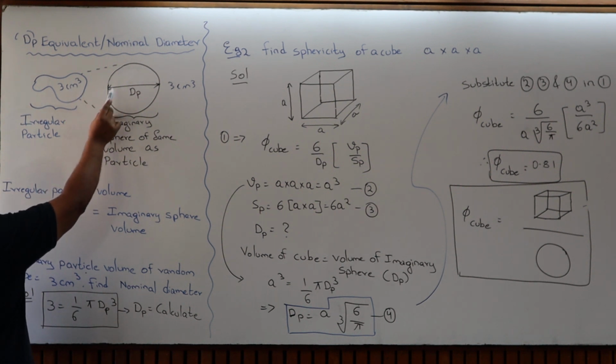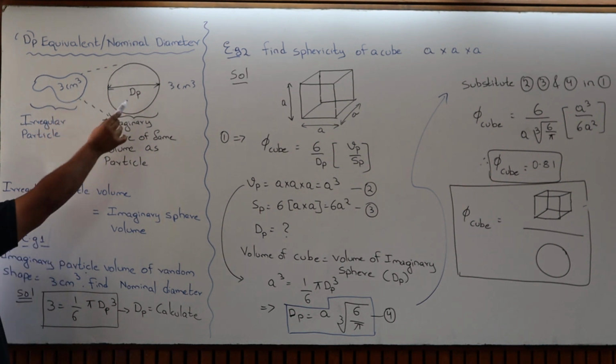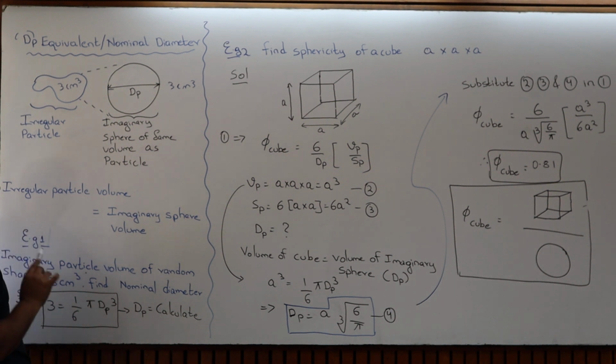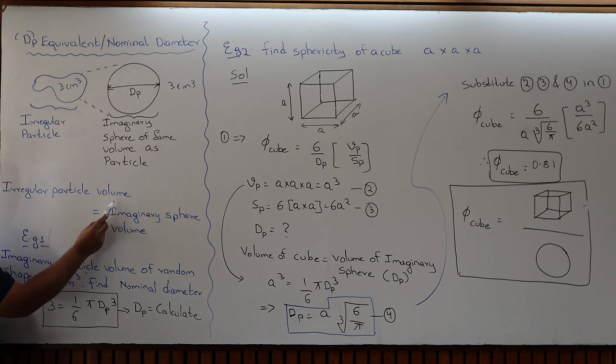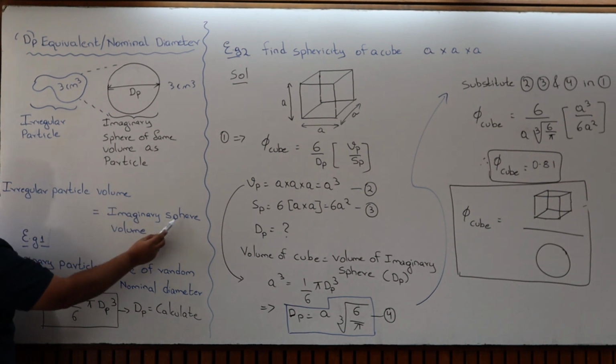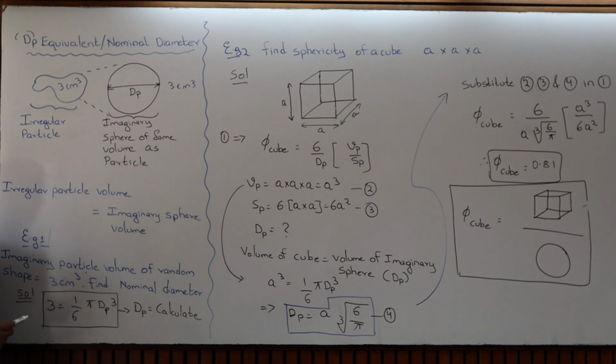Construct this random sphere of the same volume as that of the particle, and equate the volumes. This is an irregular particle. The irregular particle volume is equal to the imaginary sphere volume. Once you equate these two volumes, you get one diameter. That diameter is nothing but the nominal or equivalent diameter.